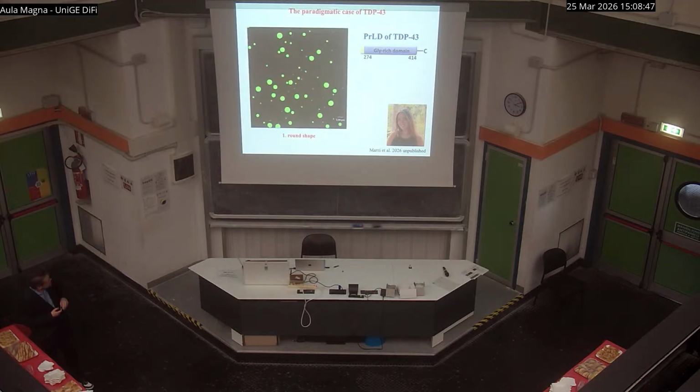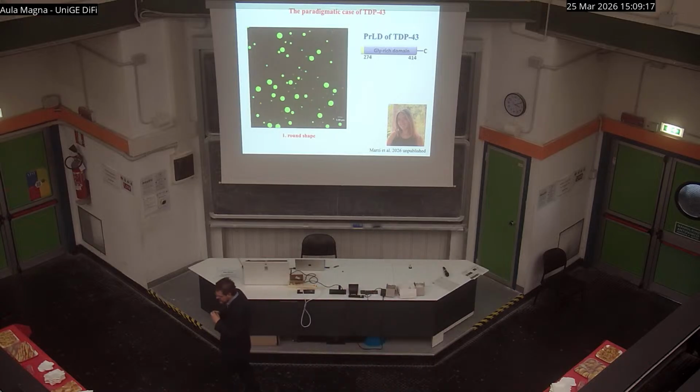We could observe the droplets with confocal microscopy, because by labeling the protein with a fluorophore, you can visualize it. What you see here is a confocal microscopy image, where you can see all these droplets, which are round-shaped. All the green droplets that you can see are various sizes, but they are all round.